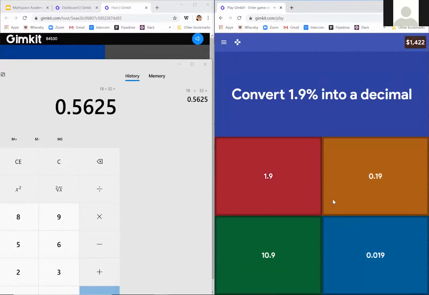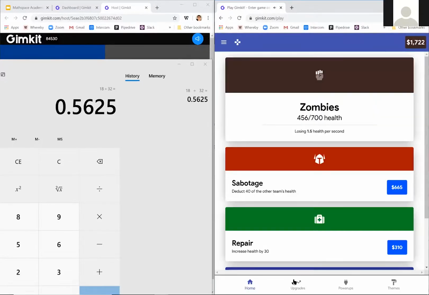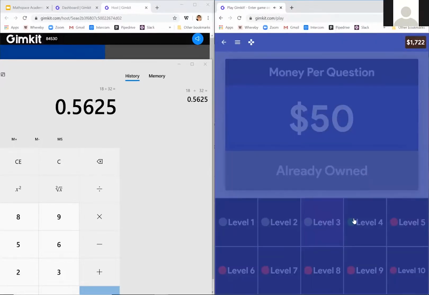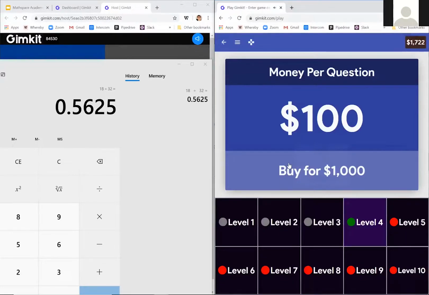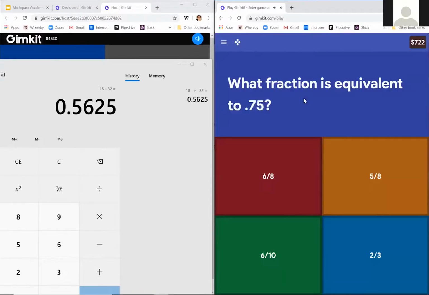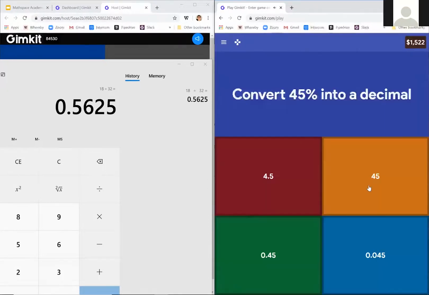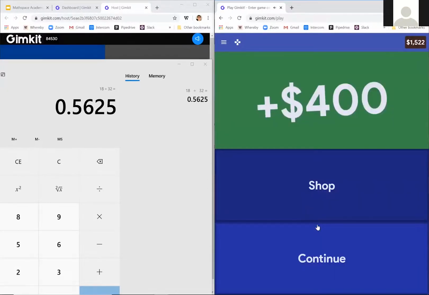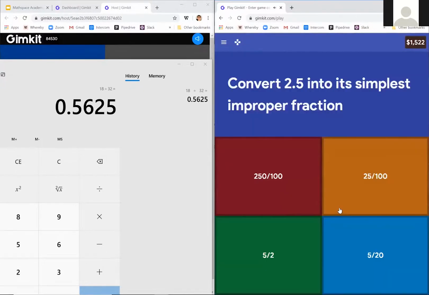0.01. Okay, surely I can buy something. What fraction is equivalent to 0.75? Convert 45 into a decimal. Oh, I am raking it in. Simplest improper.